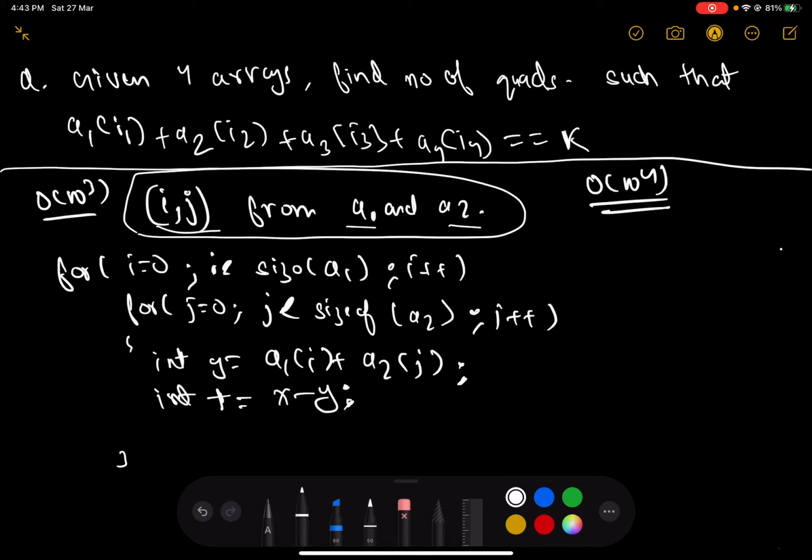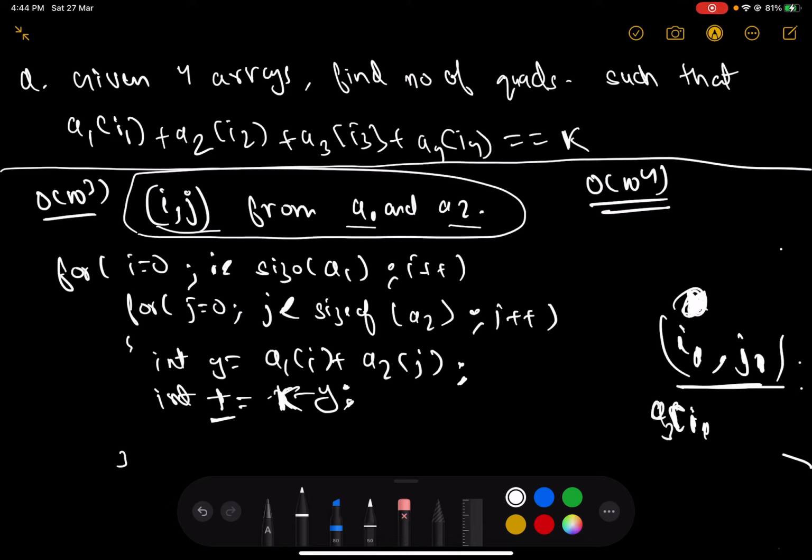Now what I'm suggesting is, I need to find a pair I1, J1 such that A3[I1] plus A4[J1] is equal to this target value t.